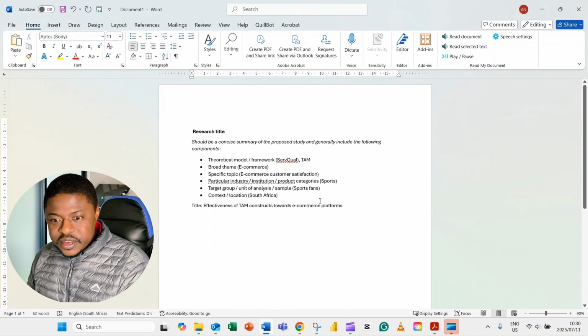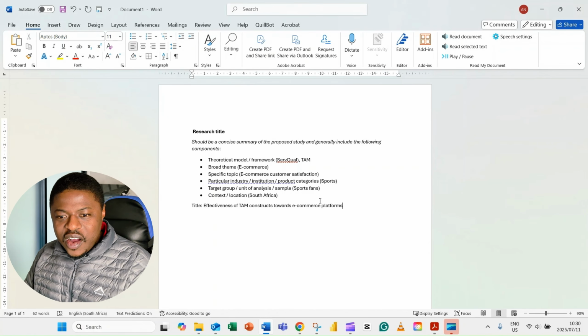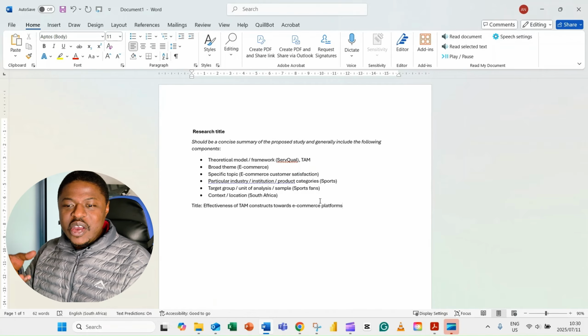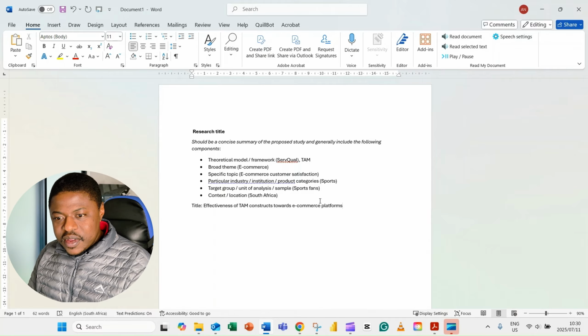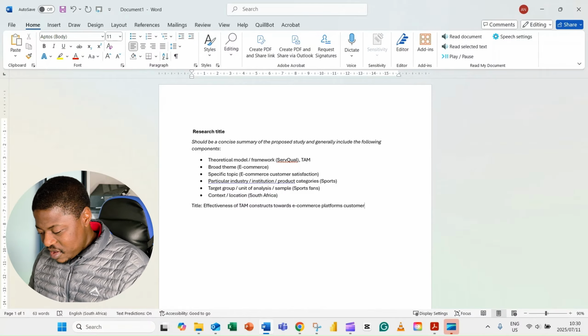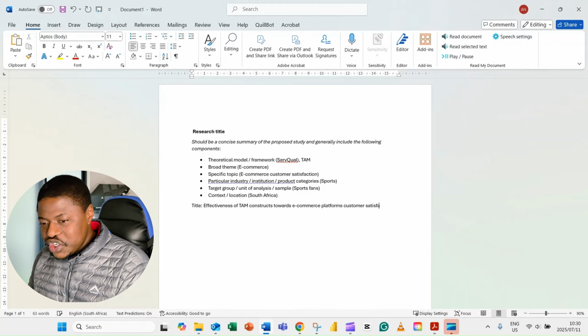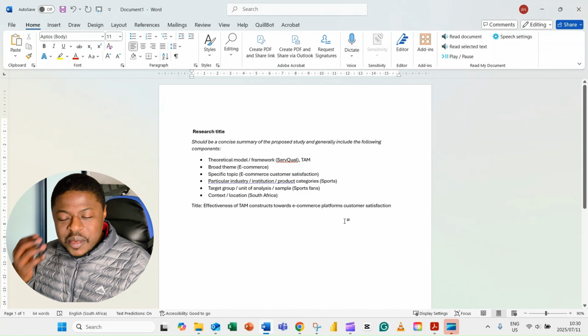So it says the effectiveness of TAM constructs towards e-commerce platforms. You can say customer satisfaction. Customer satisfaction, yes, it's coming together.